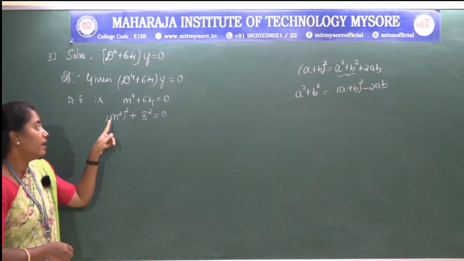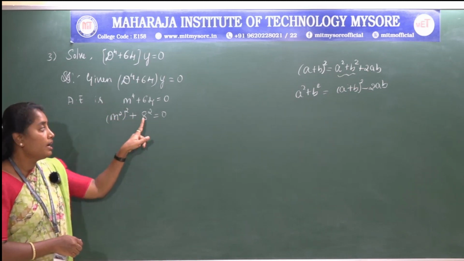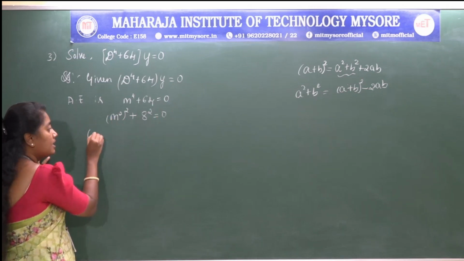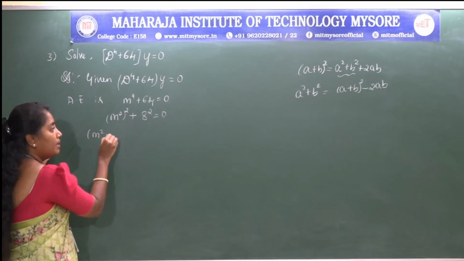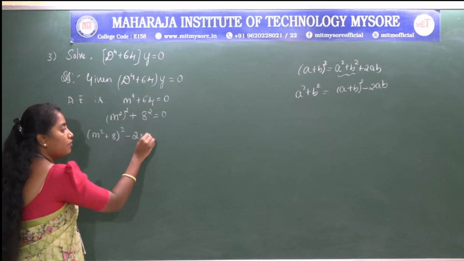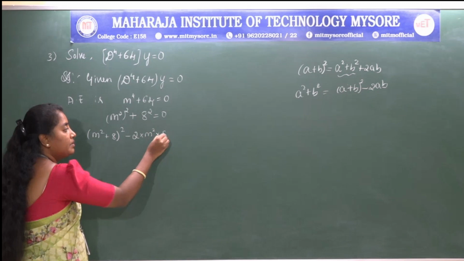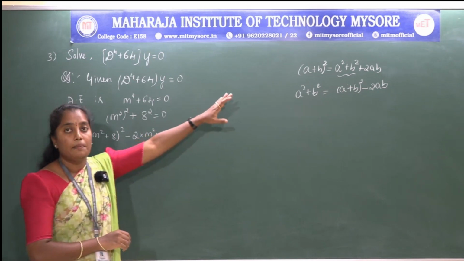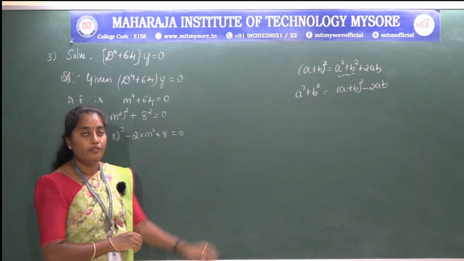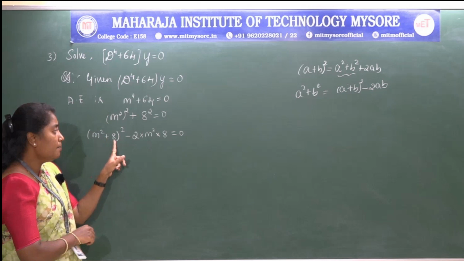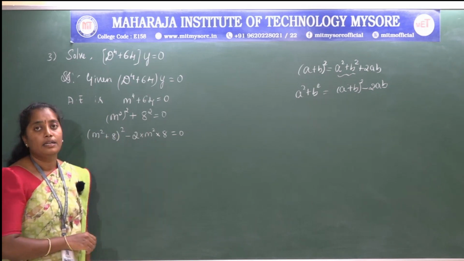In this problem, the value of a is equal to m square, b is equal to 8. So applying that result, we get m square plus 8 whole square minus 2 times m square into 8 is equal to 0. Applying the standard result a plus b whole square in altered form, that is a square plus b square equal to a plus b whole square minus 2ab.